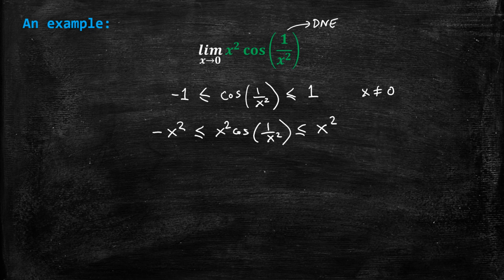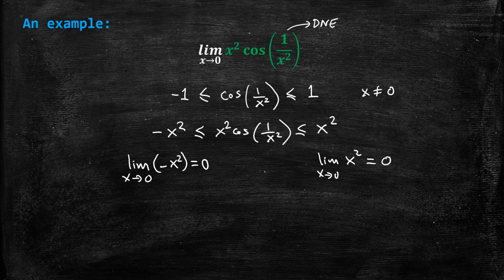Now we have one of the preconditions of the Squeeze theorem, and we have to find out what happens when we plug x equals 0 into the upper and lower functions. If we plug 0 into the left side function, we get 0, and in the right side, x squared, we also get 0.